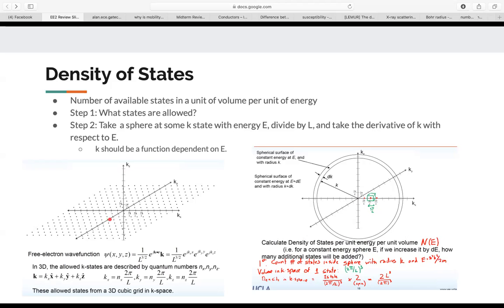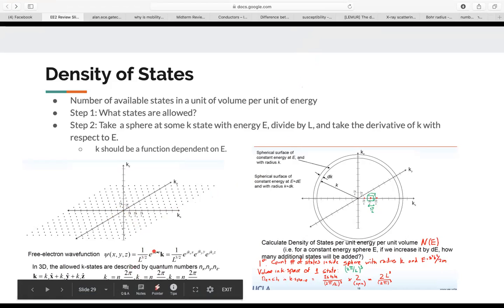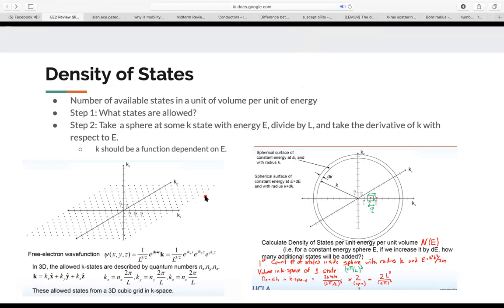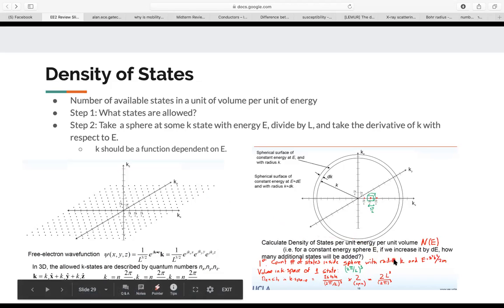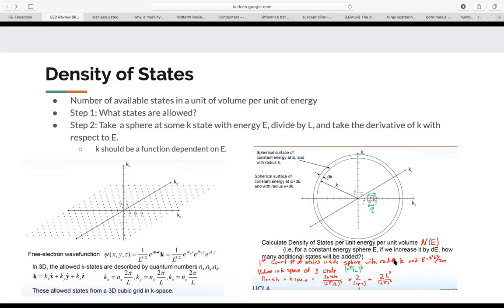One is if you assume a crystal lattice or an infinite quantum well. If you assume a lattice of length L, then in each direction k is equal to n times 2 pi over L. And then you cube that, because the 2 pi over L comes from the fact that the crystal is periodic and of length L.